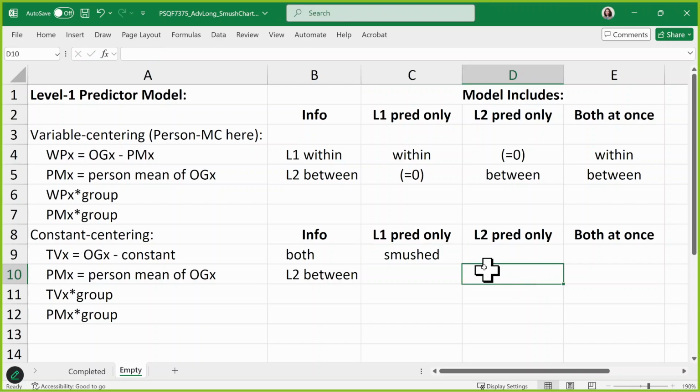So I had several folks tell me in their answers that this within effect was also smushed at this point because the level 1 predictor was all by itself. That does not happen when you're using person mean centering because you have changed what is in the variable in the first place. If you don't change what is in the variable and you put in only one fixed slope for it, that is when smushing happens.